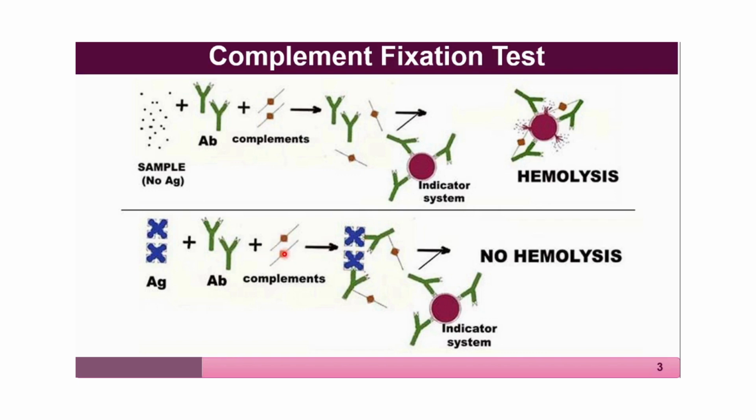To that you have added the complement which readily recognizes that antigen-antibody complex and binds to the Fc arm of the antigen-antibody complex. And the complement is not available now freely in the mixture. To that mixture, if you add the indicator, that is sheep RBC readily coated or bound to the anti-sheep RBC, which is an antigen-antibody complex, it will not undergo hemolysis as it had undergone in the previous case.